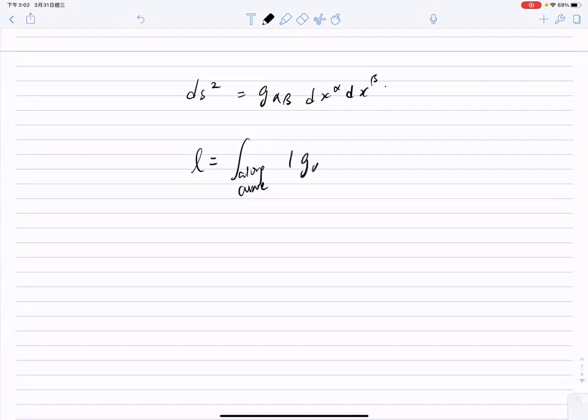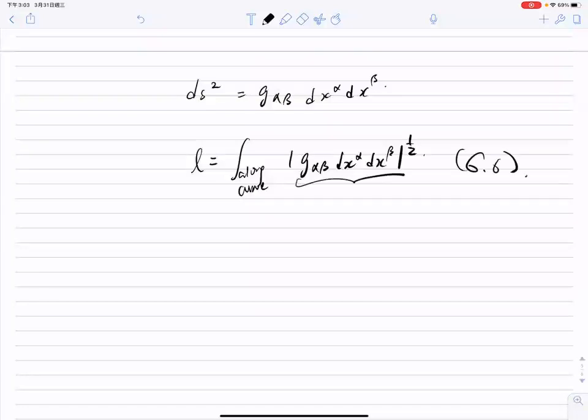It would be something like this, which exactly appears in your first course textbook, 6.6. And you know this length would be invariant, right?